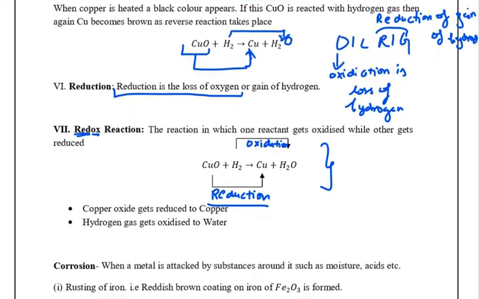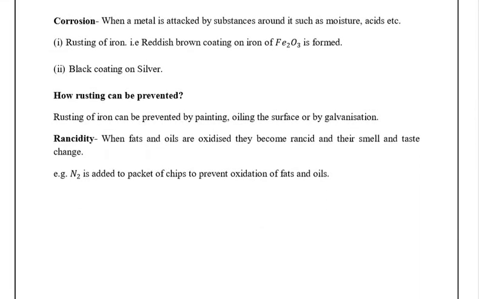So now moving on, we have the topic corrosion. Corrosion, we know, is when a metal is attacked by moisture, water, or vapor, and it gets converted into another form. That is known as corrosion. Here we have taken two examples of it.